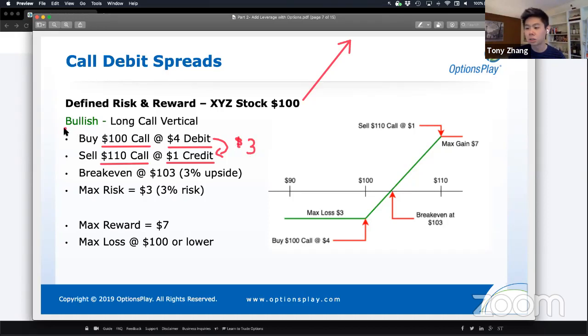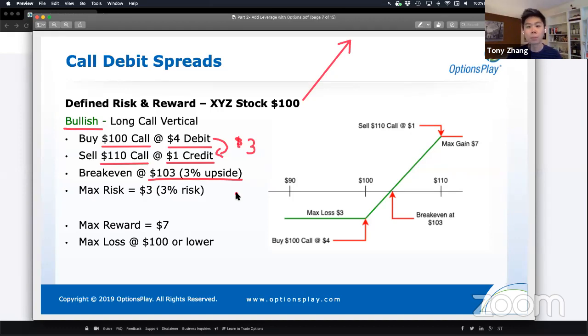So yes, this is still a bullish-by-a-certain-amount trade, but now you only have to be bullish by a smaller amount because you're risking $3 instead of $4 and you're paying a $3 debit for the whole trade. Now your break-even price instead of being 104 is only 103. So now you only require 3% upside, which gives you a higher probability of making money on your trade.